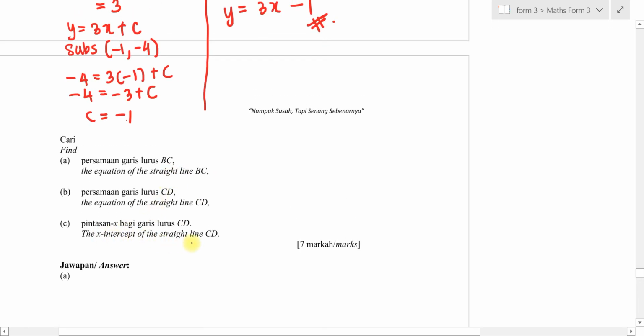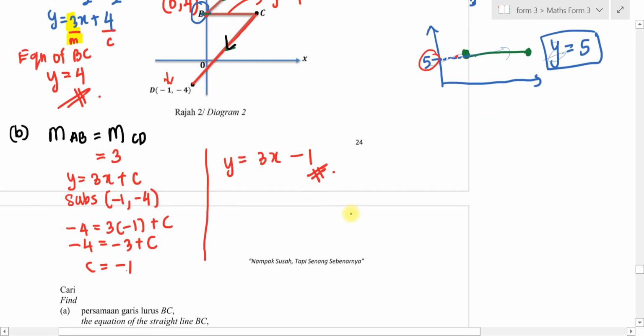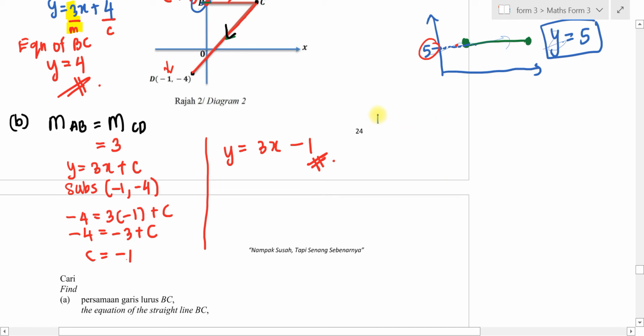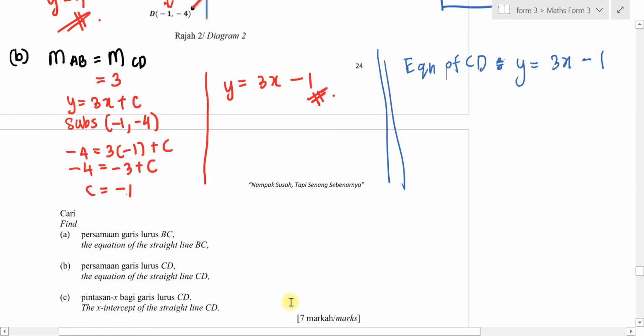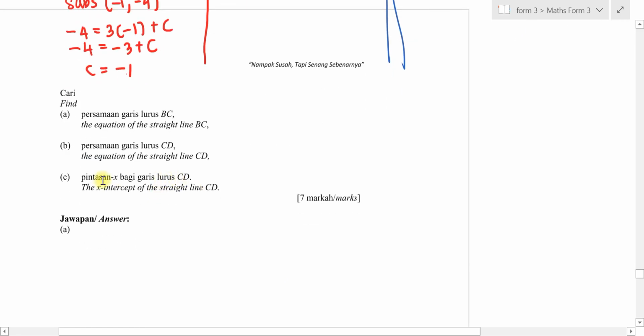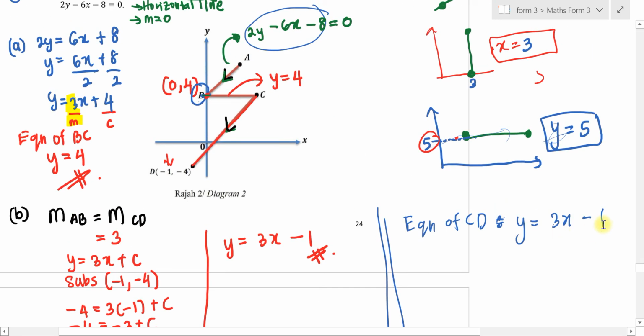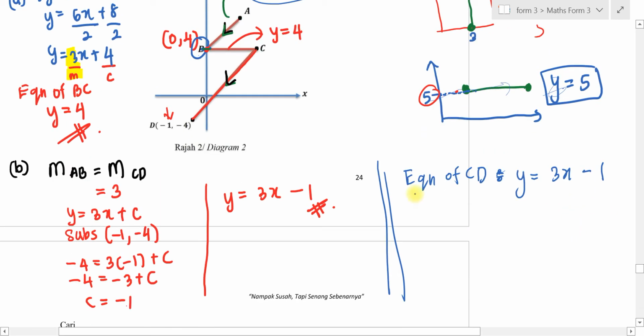The x-intercept of straight line CD. You have found the equation of CD: y equal to 3x minus 1. Now the question asks about CD, but wants the x intercept. The y intercept is -1, which we can see from the equation. But x intercept is asked.